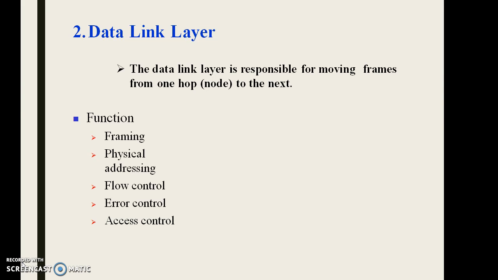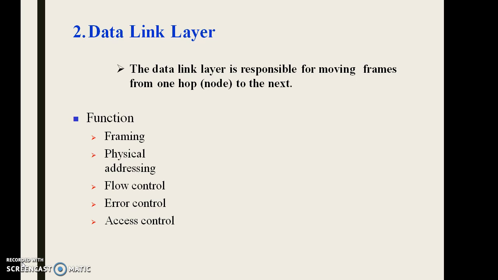Second, data link layer. The data link layer is responsible for moving frames from one hop node to the next. It is also responsible for transmitting a group of bits called frames or packets to the adjacent node without error, that is node to node delivery. The network layer passes a data unit to the data link layer.